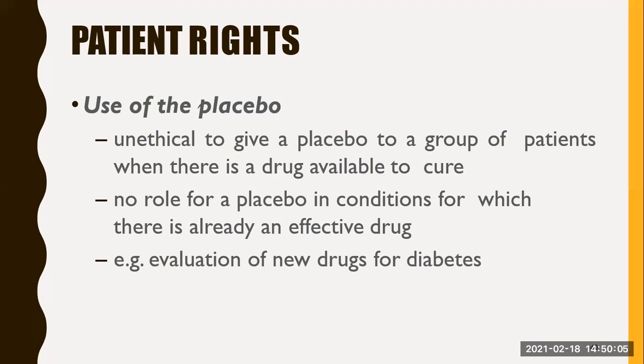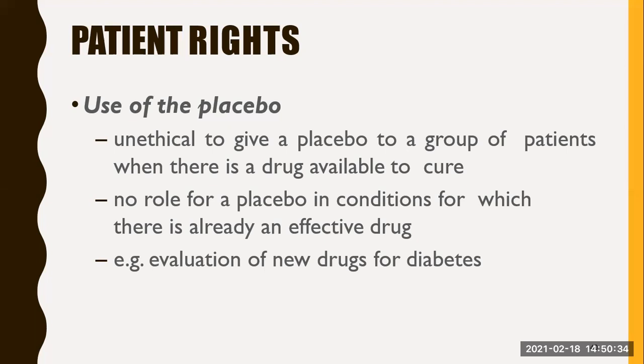But if the drug to be tested is an oral hypoglycemic agent, we have many established drugs in the market. So we can take any of the established drugs, and we can check our investigational new drug against such an established drug. Okay, in such cases we should not go for placebos.